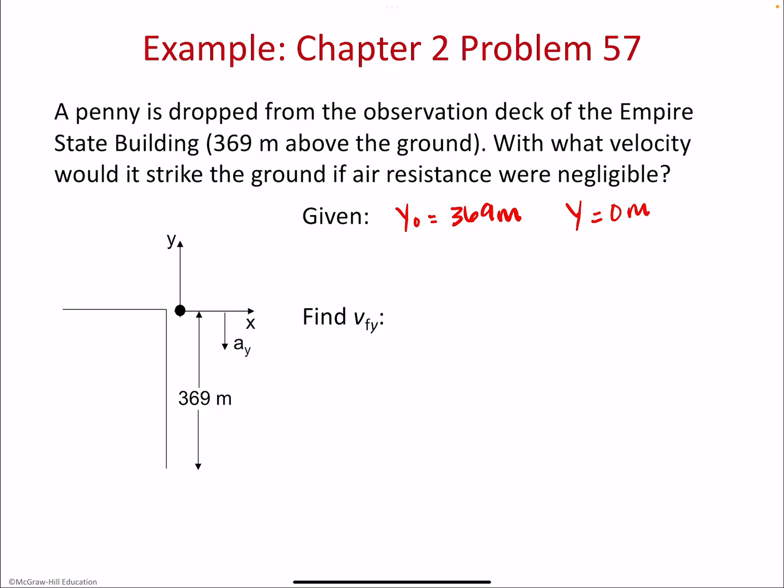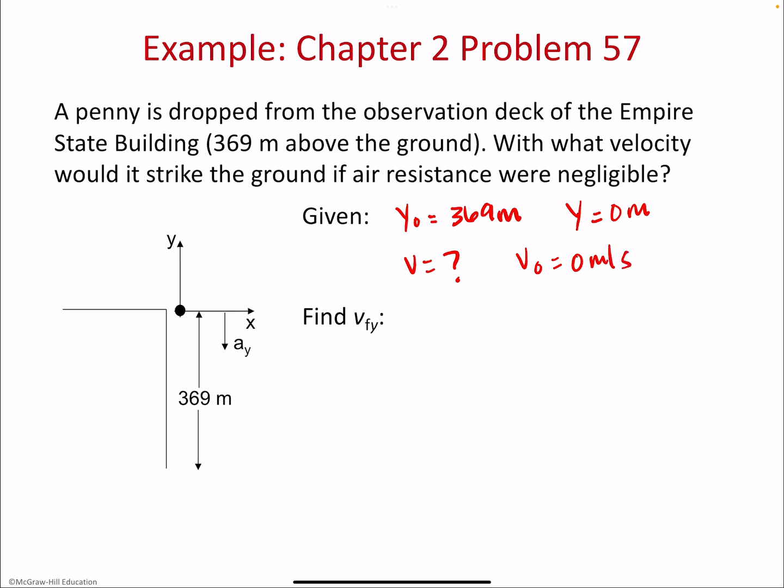We're actually looking for, it says, what was the velocity that it would strike the ground if the air resistance was neglected? So we're trying to find final velocity. What are we going to assume the initial velocity is since we're just dropping it? Would it affect it if you would have thrown it down?